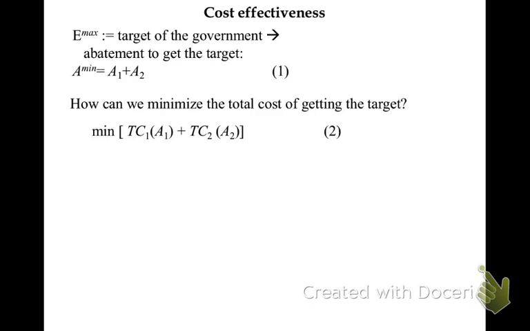So as a government, I want to minimize the total abatement cost, the total abatement cost of the first firm and the total abatement cost of the second firm. I want to minimize that. At the same time, I want to satisfy the constraint, equation number 1.